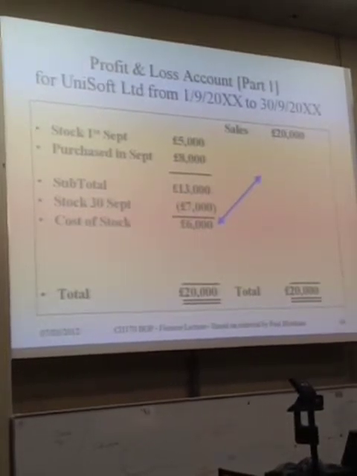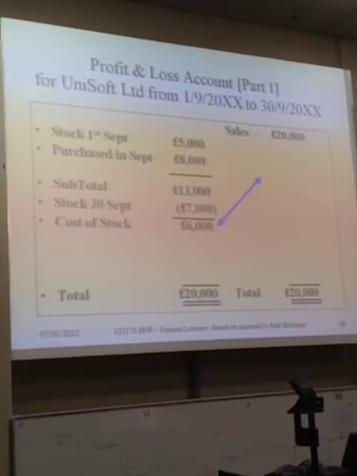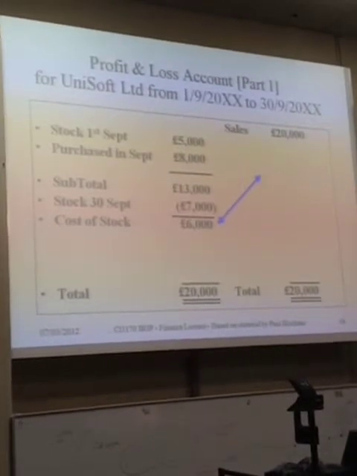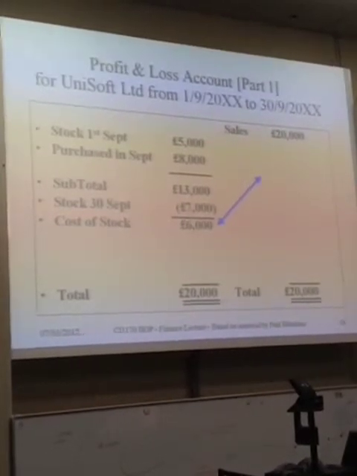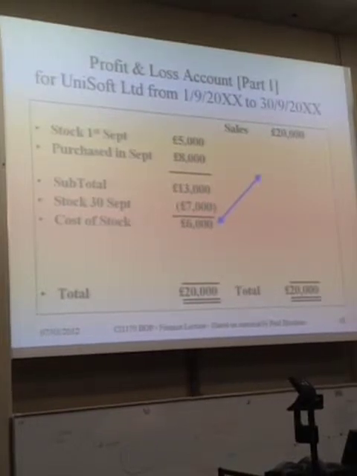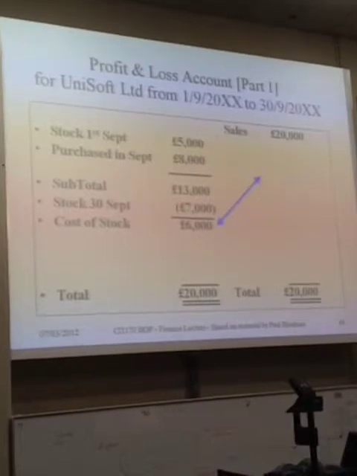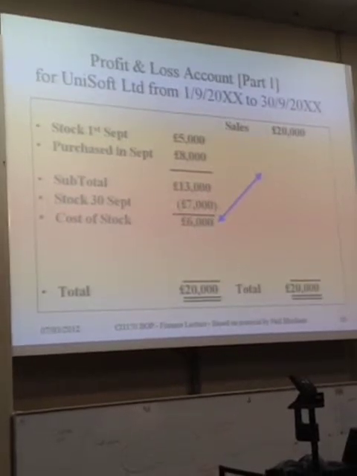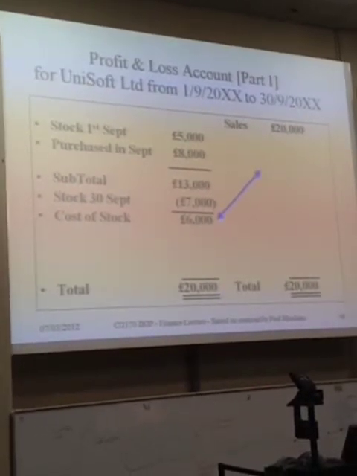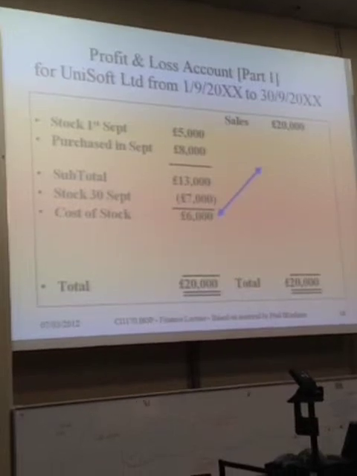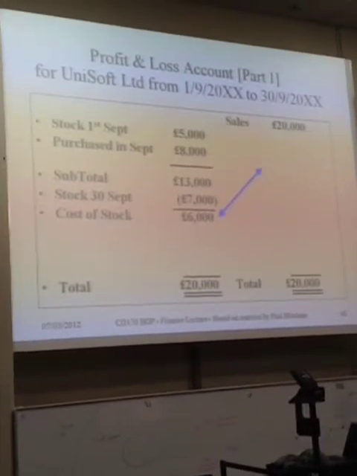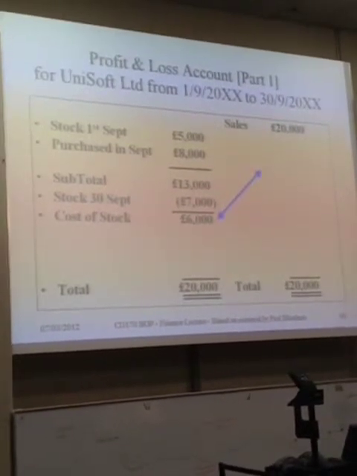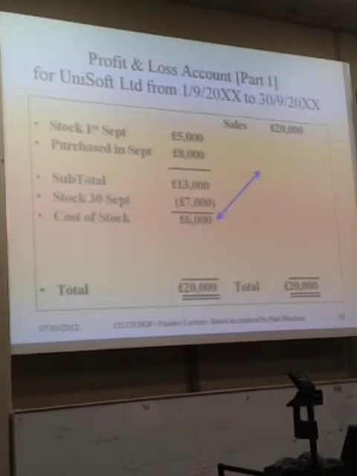So last year's leftovers and this year's buy-in makes £13,000. But at the end of that period, we haven't used up all the stock to make all those tubes of toothpaste. Or we've still got unsold tubes of toothpaste. So therefore, we have to take that out because it's nothing to do with this particular current period that we're looking at. It's to do with the future. We're carrying that forward. So therefore, we deduct it.